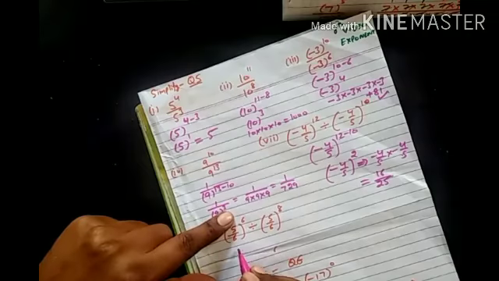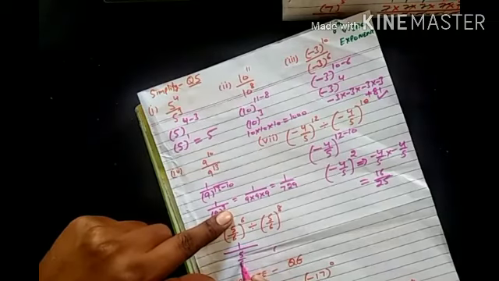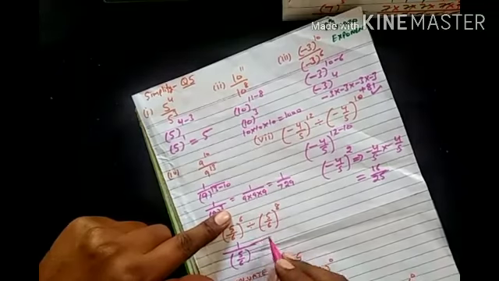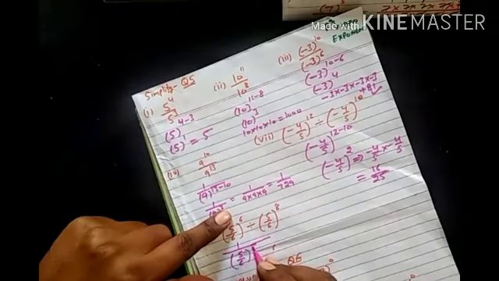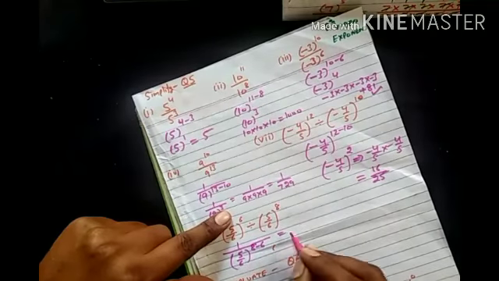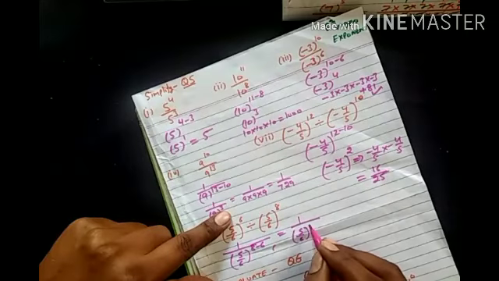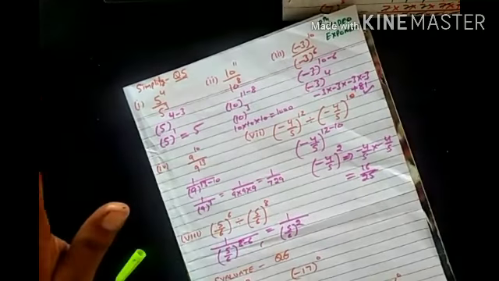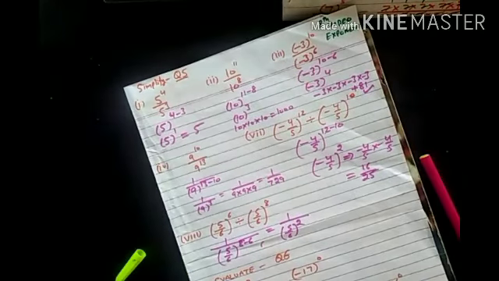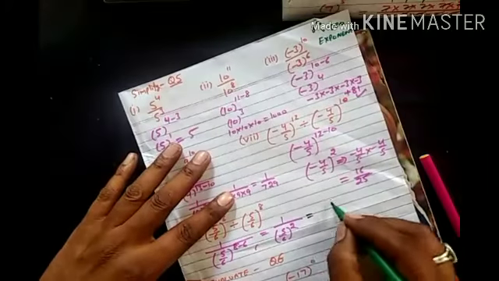So you will write like this. Firstly, this is 5 by 6 and 8 minus 6, it will be 5 by 6 to the power 2. Clear? Now, what is the answer of this?